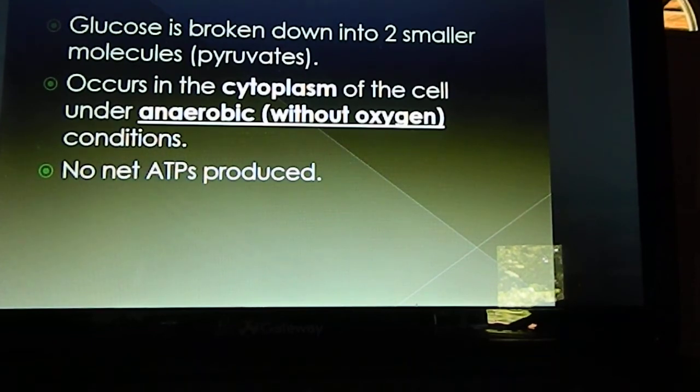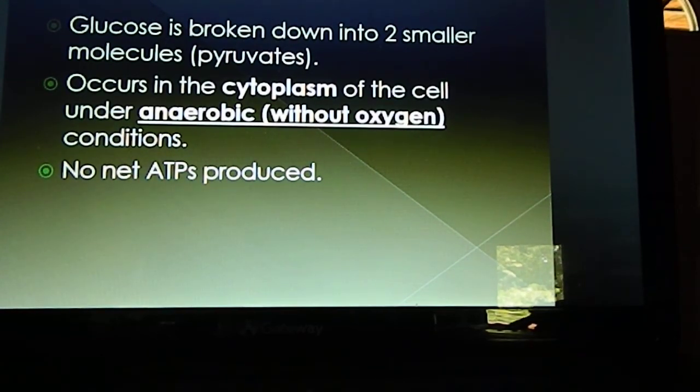So anaerobic, the cytoplasm is anaerobic, and really what happens in glycolysis is the glucose molecule, which has 6 carbons, is broken in half, and when it does, it releases some energy, but what you result, the products are going to be 2 small 3 carbon chains now instead of 6, right?